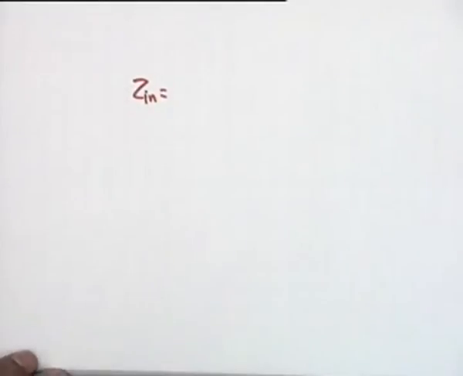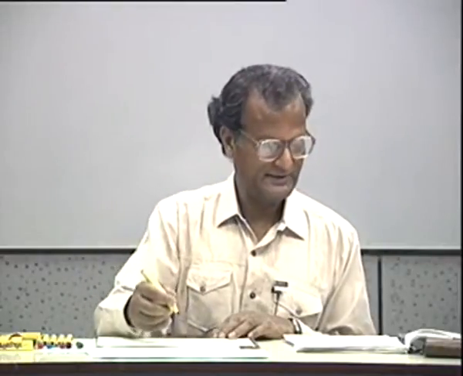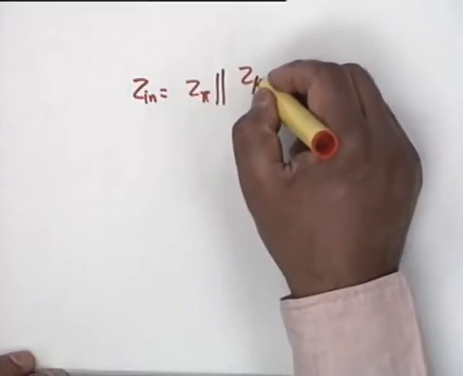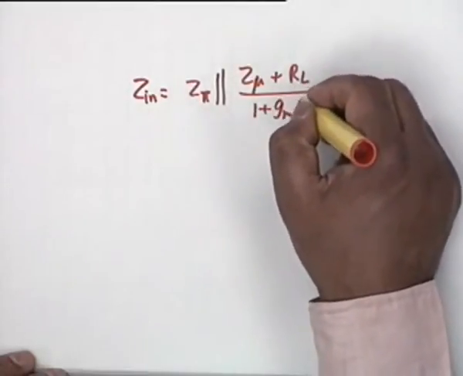Similarly, we had found out that the input impedance Z in, which is obtained by connecting a voltage generator at the input and finding out the current, was equal to Z pi parallel Z mu plus RL divided by 1 plus Gm RL.